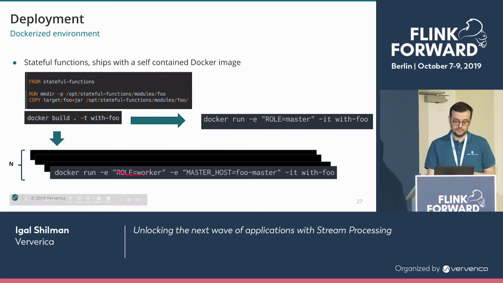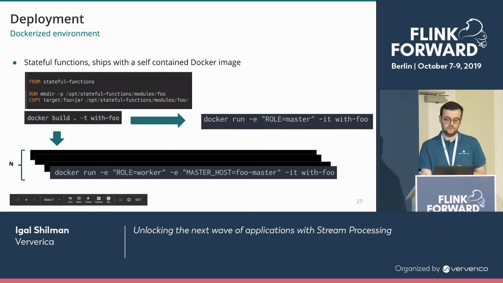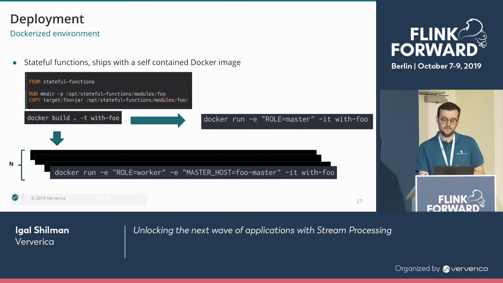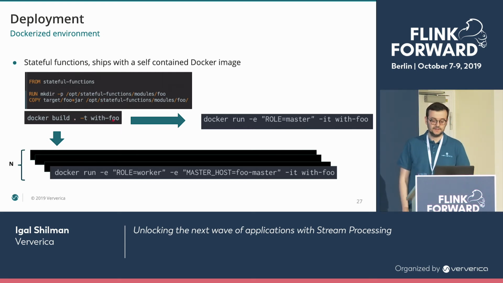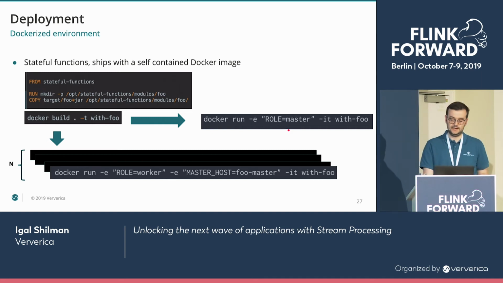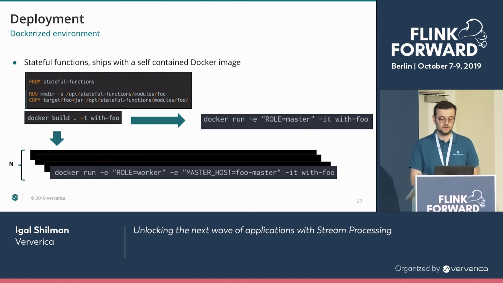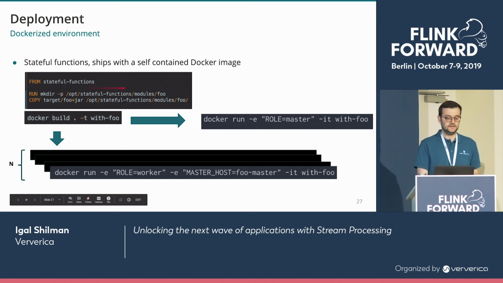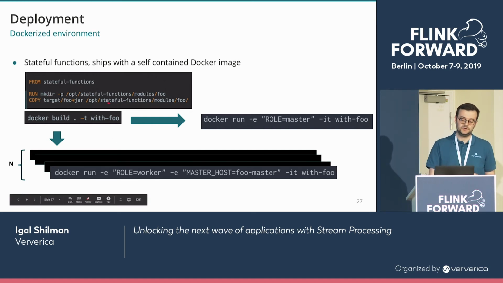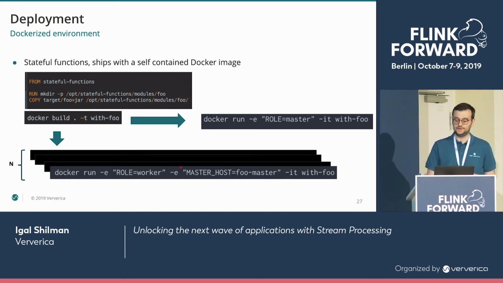Basically what you have to do with this Dockerized environment is add your module under module, so you can have a fat jar, doesn't matter, and copy your jars there, and once you build it, you can start it once as a master and many times as a worker. And those would actually form a Flink cluster behind the scenes. So from the user perspective, you start with the stateful function base image, you add your jars, add modules, and launch it.